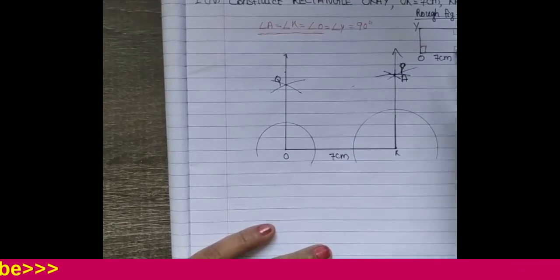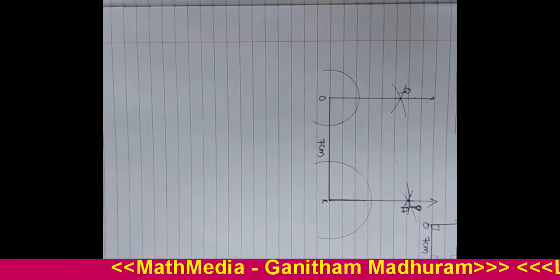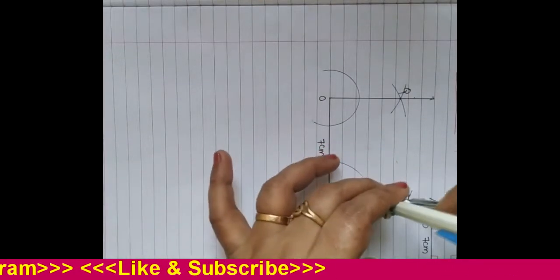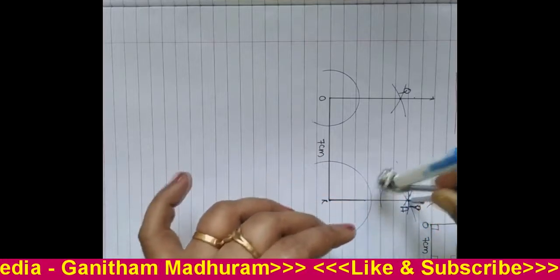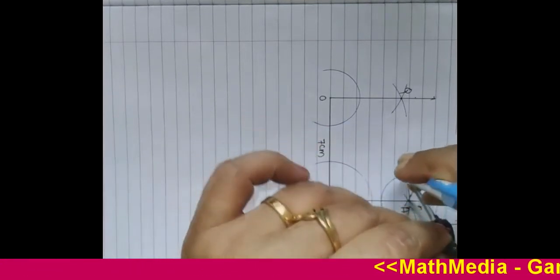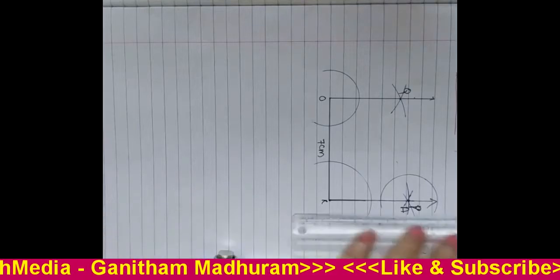Now at A, we have to construct angle 90 degree. For that, you have to turn the book. And with the center A, any convenient radius, you have to draw an arc. Now you can extend this ray.